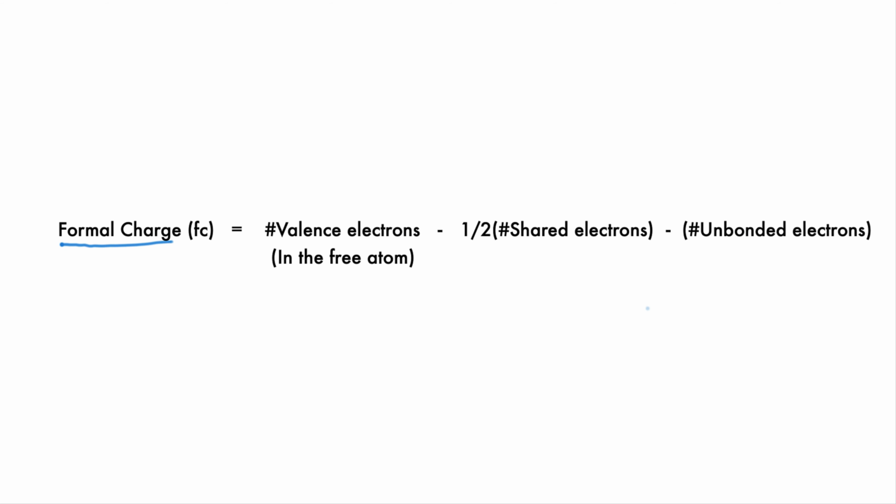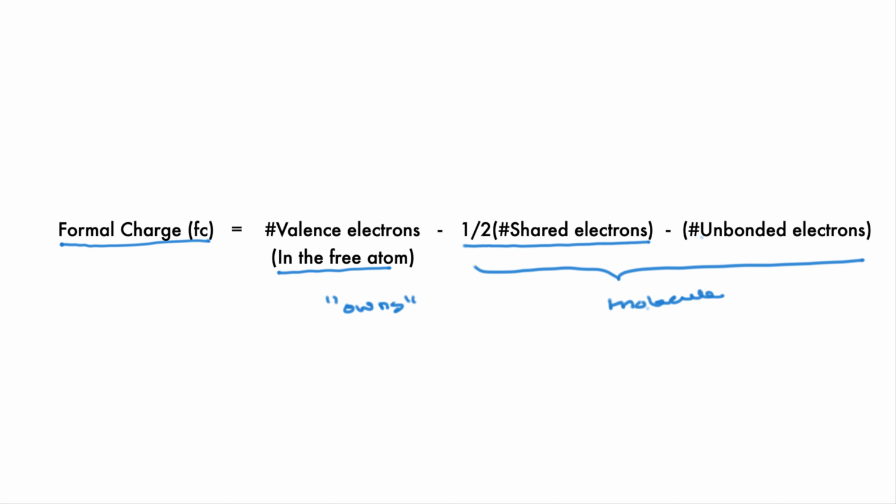The formal charge on an atom can be calculated using this formula. You are subtracting the amount of electrons the atom in the molecule owns from the amount of electrons that the free atom owns. The atom in the molecule owns half of the bonding electrons, but all of the non-bonding electrons.